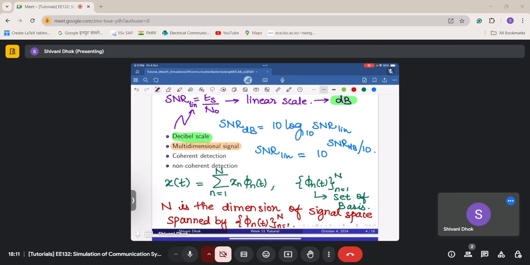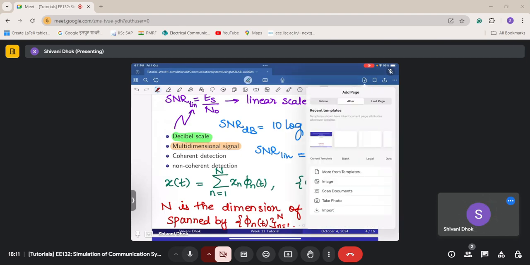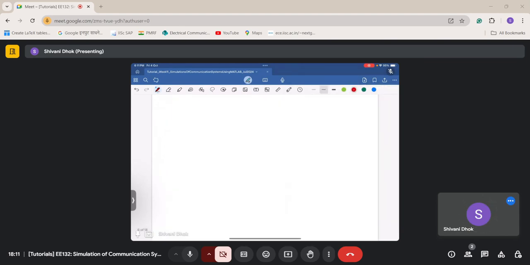What do we mean by multidimensional signals? Before going to multidimensional signals, let us first understand what the bases are.